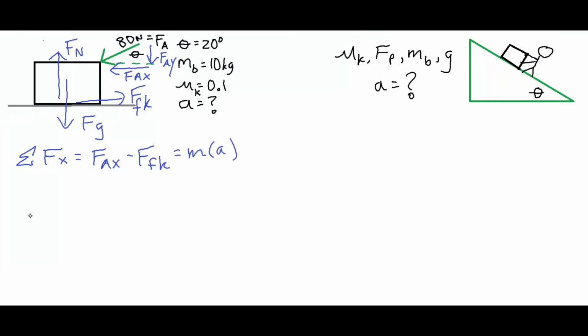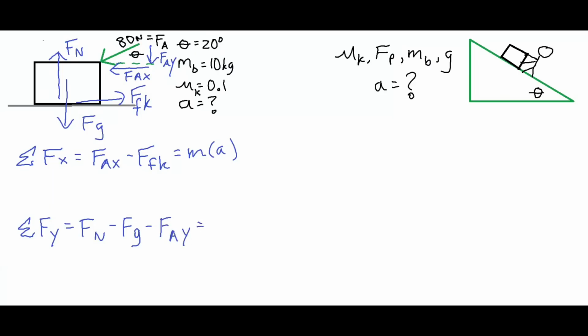Secondly, we have the sum of forces in the y direction. And this one, if I'm taking a look at it, I have two of them going down, my FAY and my FG, and then I have my FN going up. So I normally say everything up is positive, everything down is negative. So FN is my positive minus my FG minus my FAY.